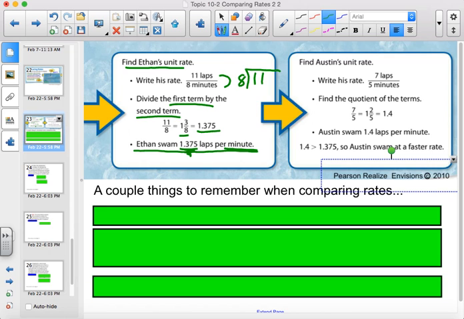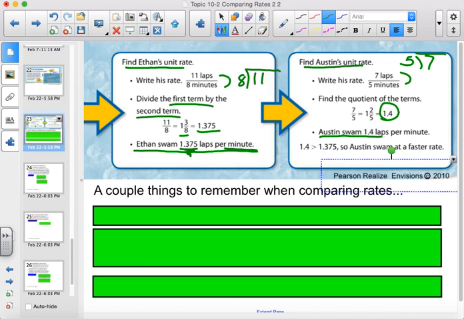And then over here, you can see that we're going to find Austin's unit rate. His initial rate was 7 laps to 5 minutes. If we were to do the division, we would divide 7 by 5, and we would come up with 1 4/10 laps per minute.